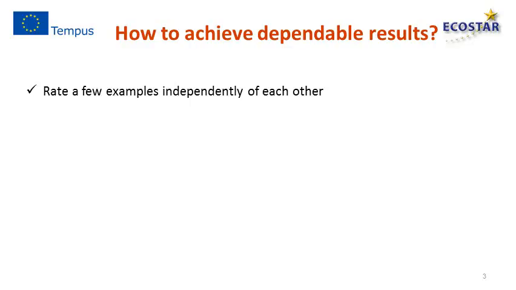Well, first of all, let's take a hypothetical situation where there are two raters, you and a colleague. You should each rate a few examples of the product independently of each other. If you've got a class with 30 students and 30 essays to rate, you should maybe do 2 or 3, and your colleague should do the same, independently without talking to each other.